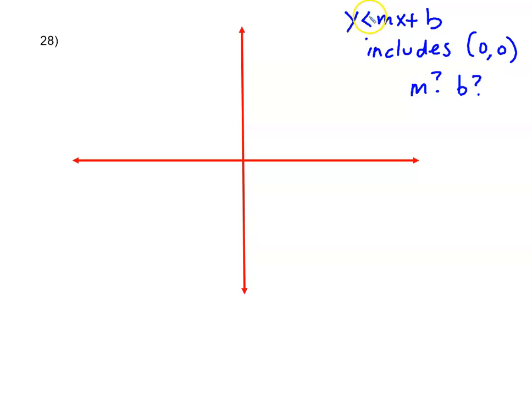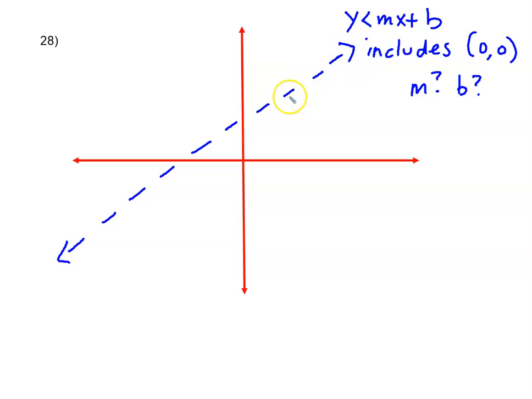Okay, so this is going to have to be a dotted boundary line showing that the origin would be in the solution set. So here's a possibility. It doesn't really have to be anything specific, but it would be something like this.